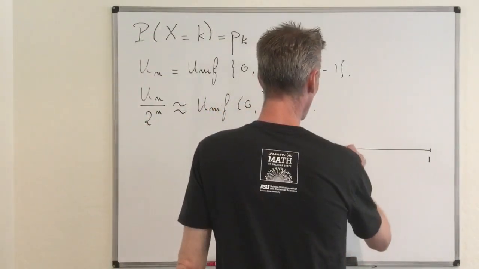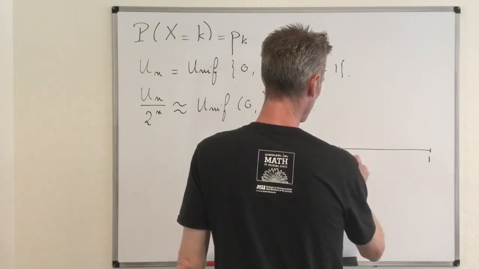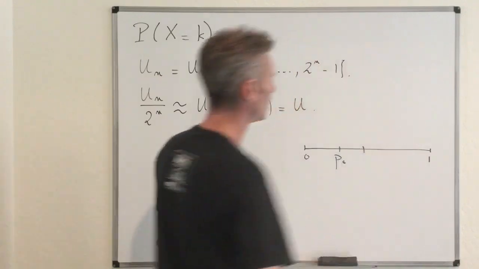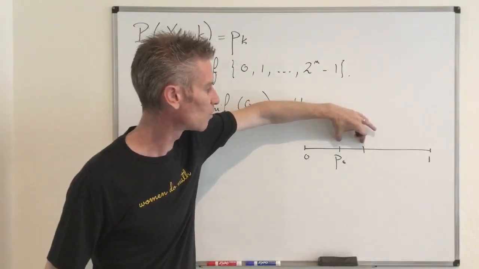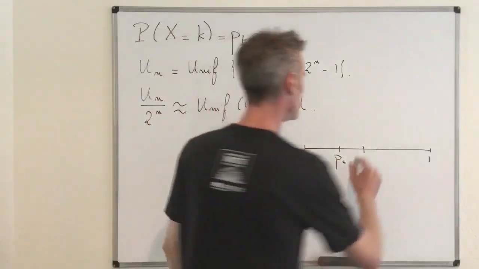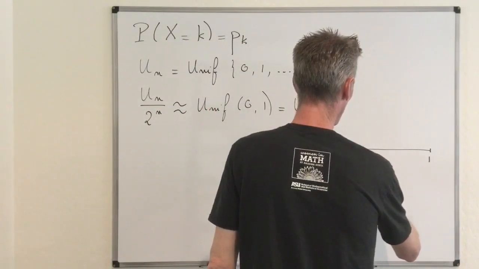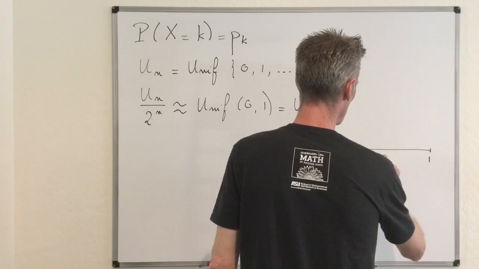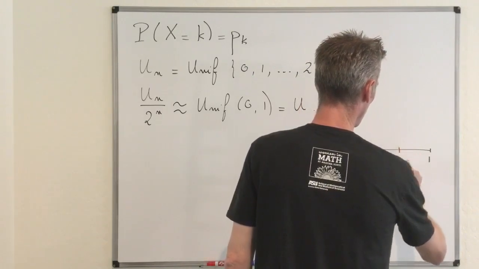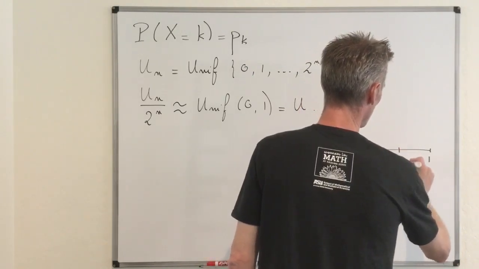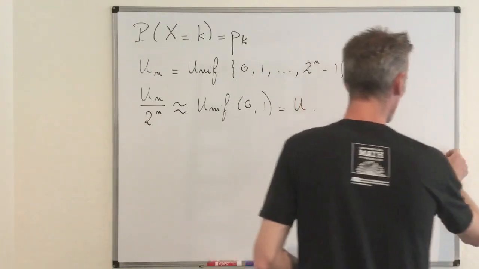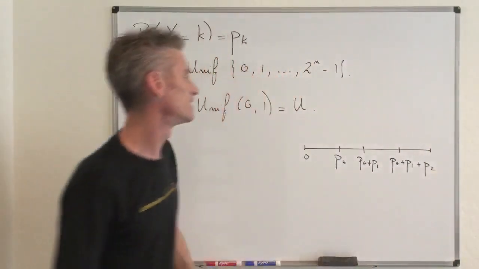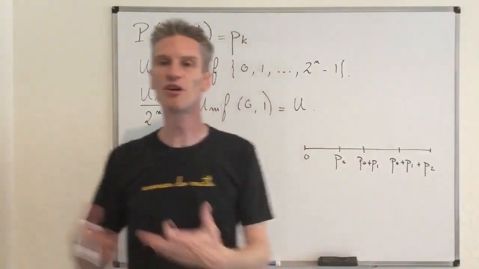Let's assume that the range is finite and not too big. I'm going to put p0 here, and here I'm not going to put p1, I'm going to put p0 plus p1, so that this length is equal to p1. Then here p0 plus p1 plus p2, and here at 1, p0 plus p1 plus p2 plus p3.